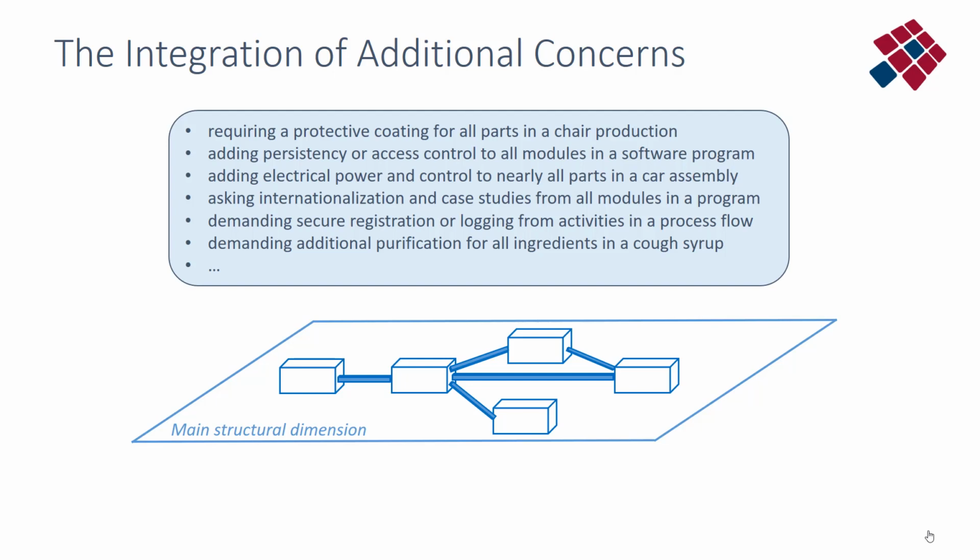Or having a coating for all parts of a chair, electrical power control to all the parts in car assembly, etc., or asking for internationalization or case studies in all modules in a program, all these kinds of concerns that cut across the functional structure.